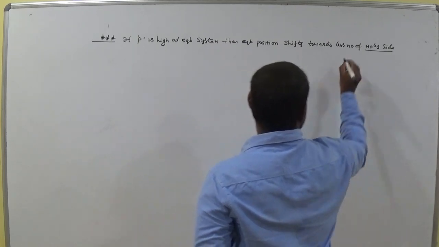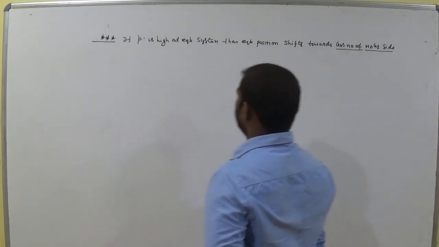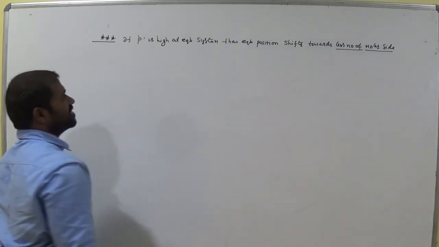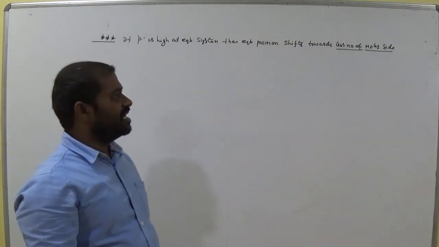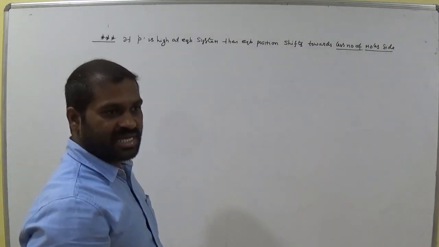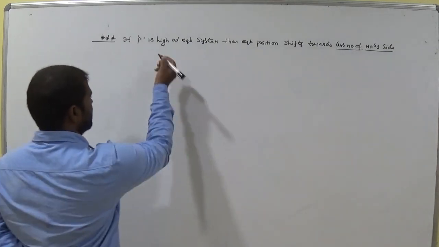Less number of moles side. Remember this. If pressure is high at an equilibrium system, the equilibrium position shifts towards the less number of moles side. Is it clear?